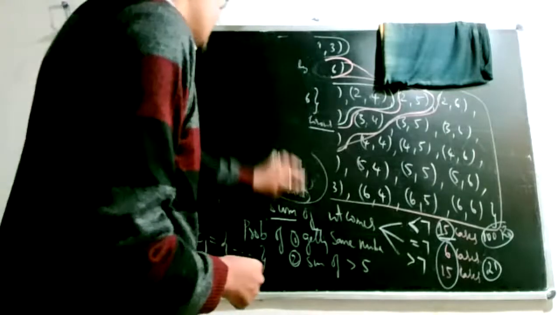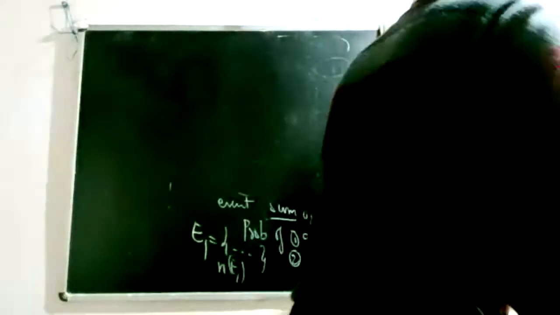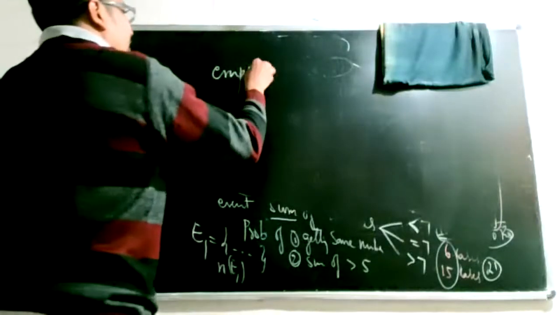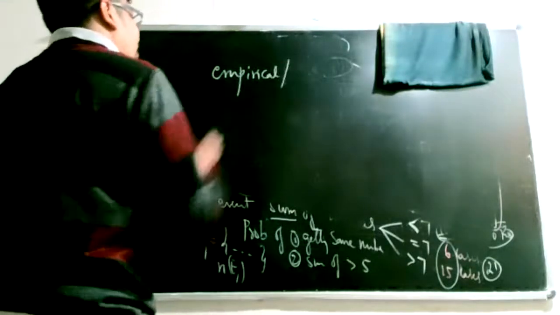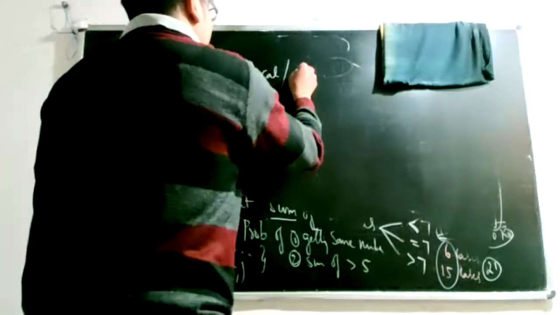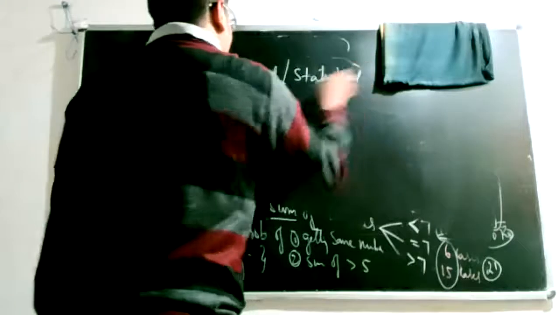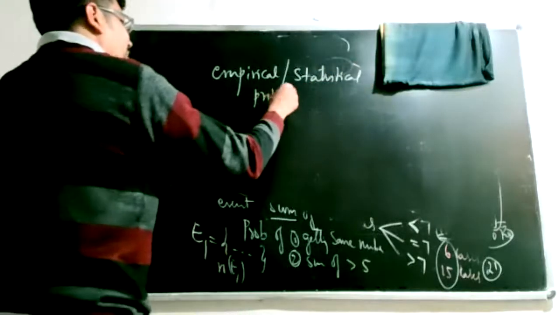So in that case, we need some other techniques to obtain the probabilities, and therefore we alter the definition in such cases, and we call that the statistical way of computing the probability.